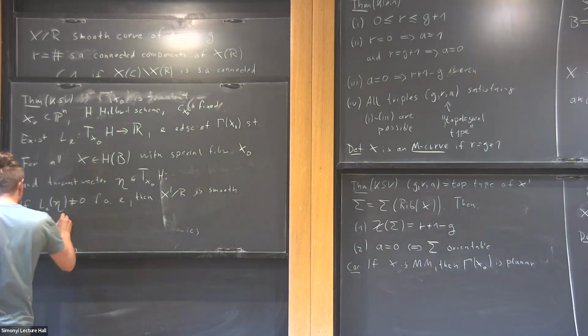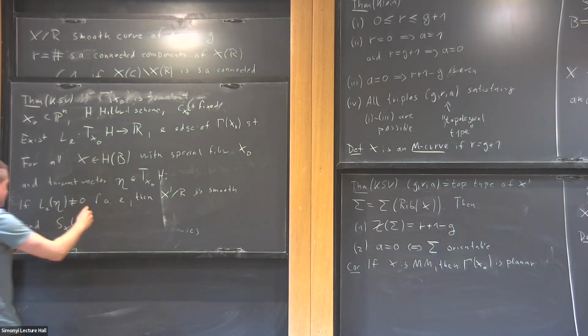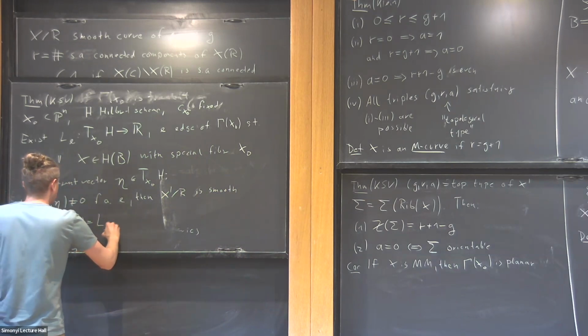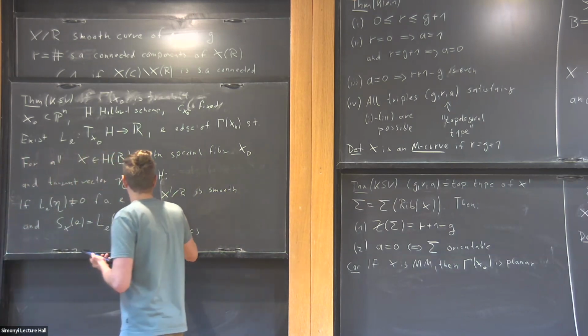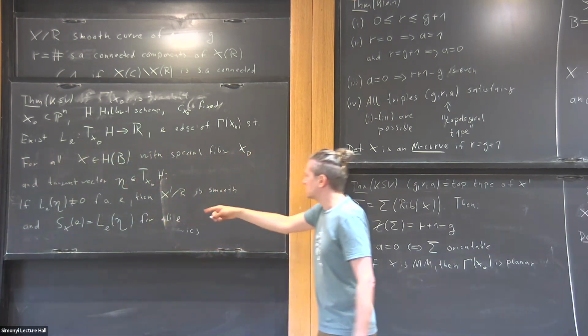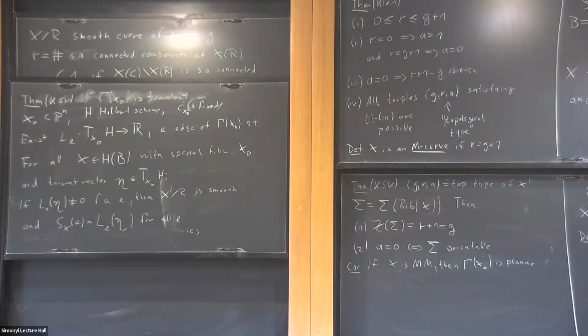And the signs that we get from our family are exactly given by evaluating these linear forms at our tangent vector.